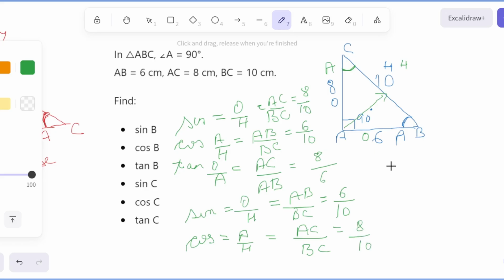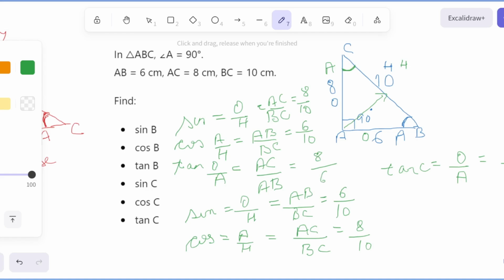And tan C: tan is always opposite upon adjacent. Here the opposite is AB and adjacent is AC, so this comes out to be 6 over 8. Last time it was 8 over 6.